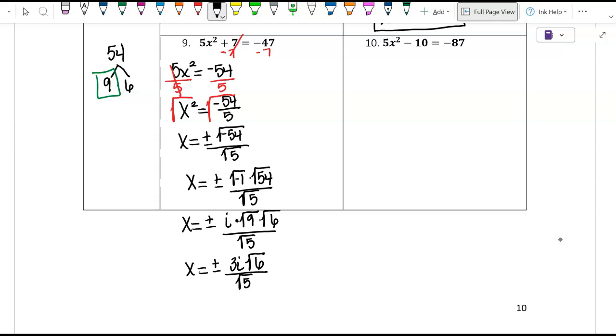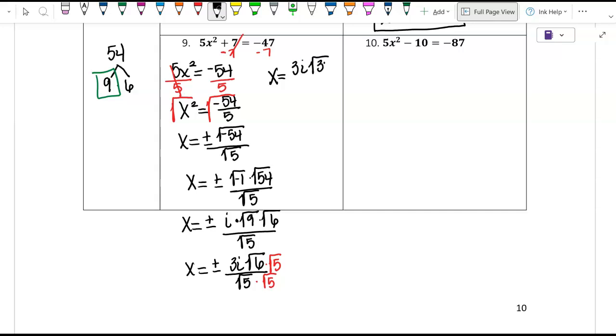The problem is I cannot leave a radical in the denominator. We talked about this before. I have to get rid of that radical 5, and I do it by multiplying both the numerator and denominator by radical 5. So I have x equals 3i.